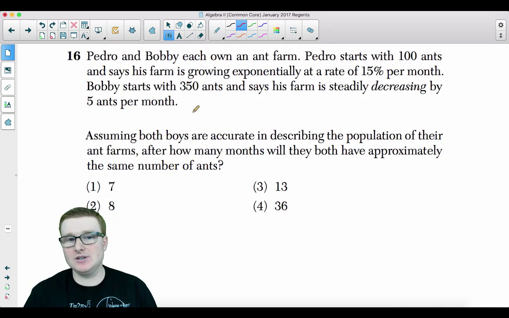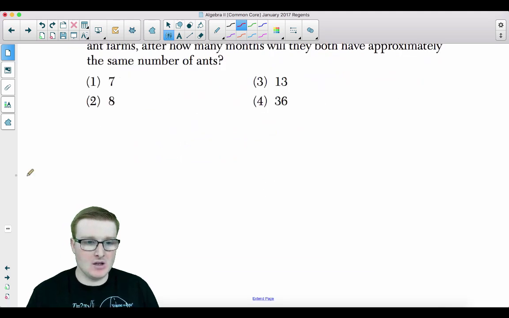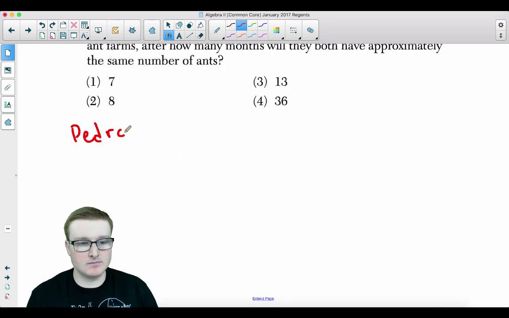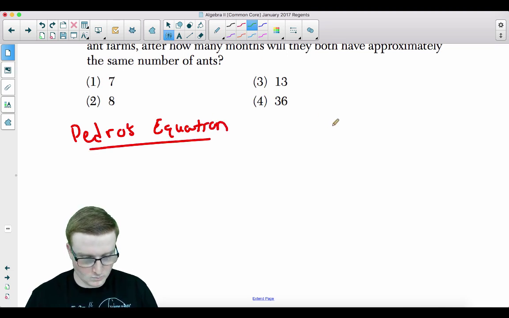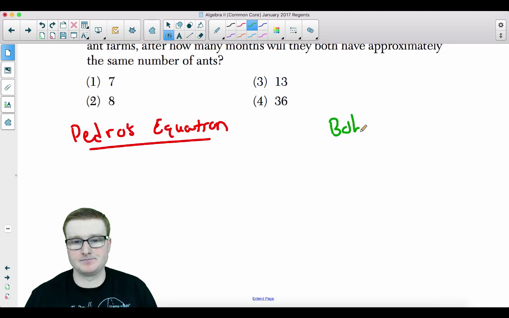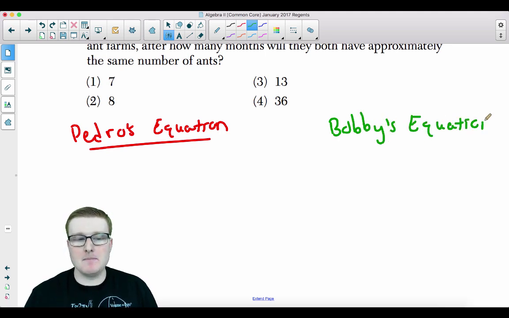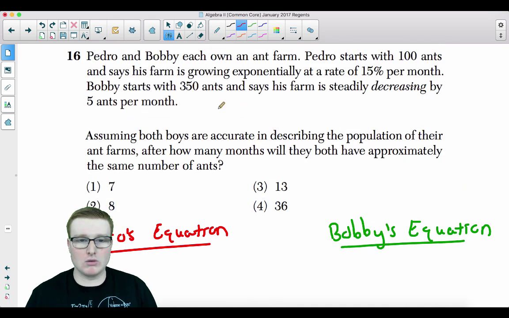So what we've got to do is figure out two equations. We need to find Pedro's equation, and we need to find Bobby's equation. Pedro's equation is exponential growth.